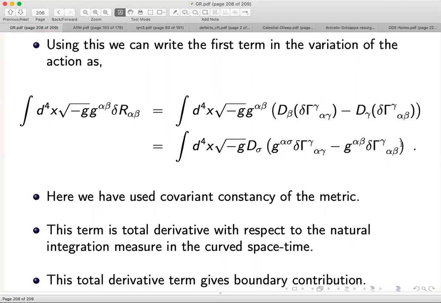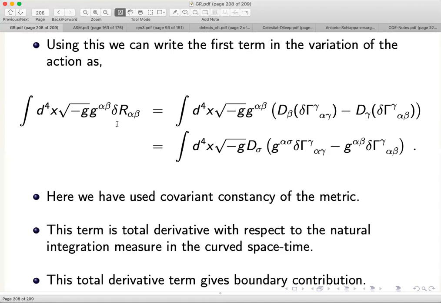One way to say this is that if you look at an arbitrary variation of the metric, holding the metric variation to be 0 at infinity, then this term would not contribute. As a result, we were in some sense correct to ignore this piece and do a cheat way of getting the Einstein equation.